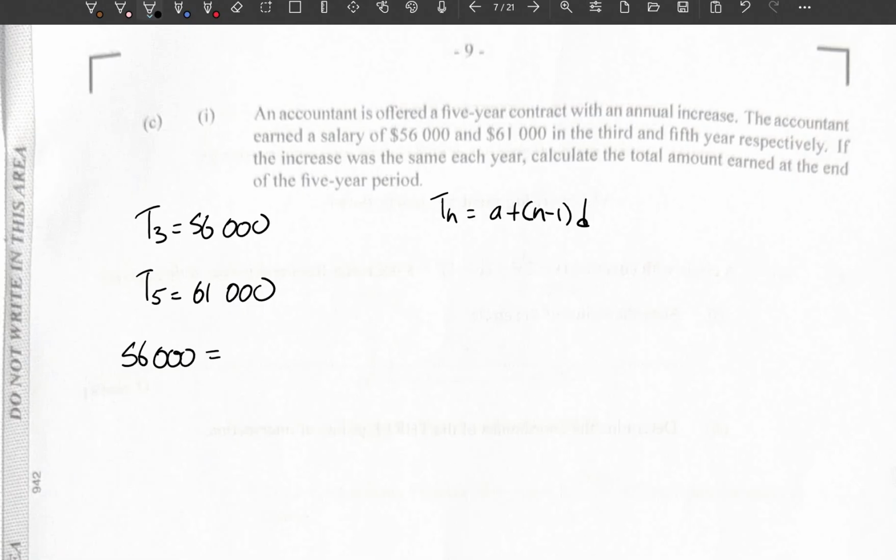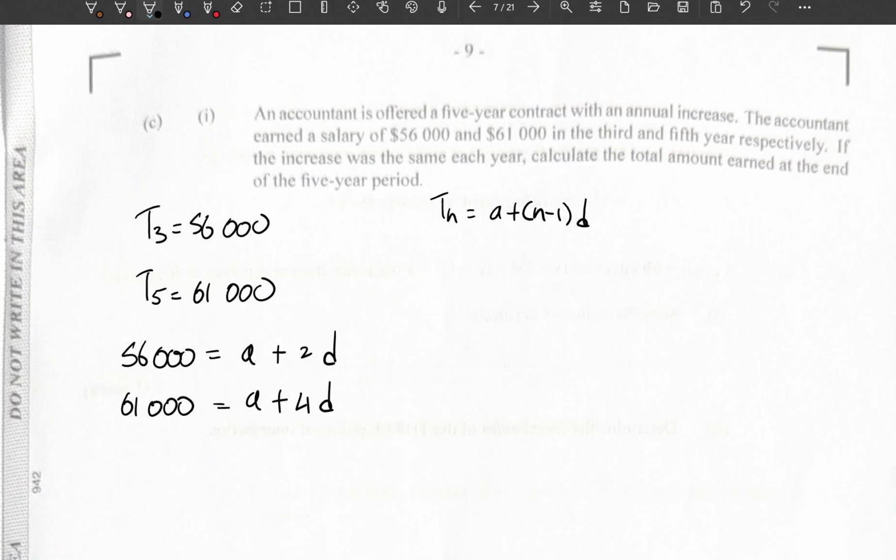Therefore, 56,000 is equal to A, whatever A is, plus n minus 1, so that's 3 minus 1, that's 2d. Then 61,000 is equal to A plus 5 minus 1, that's going to be 4d. Right?